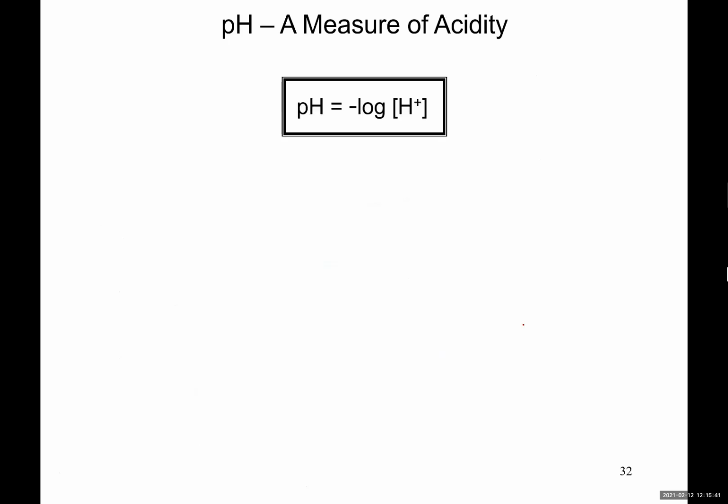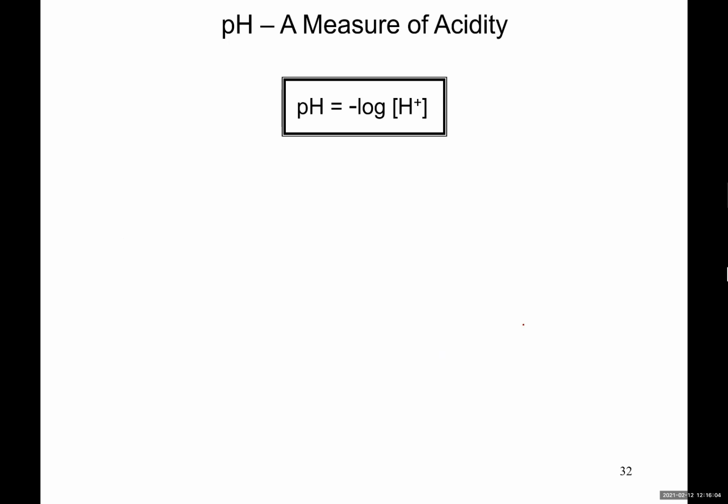So guys, if we are talking about a solution and we say this solution is acidic or basic, we can have several different acidic solutions. Some could be more acidic than other acidic solutions. You might have several basic solutions which have different degrees of basicity.